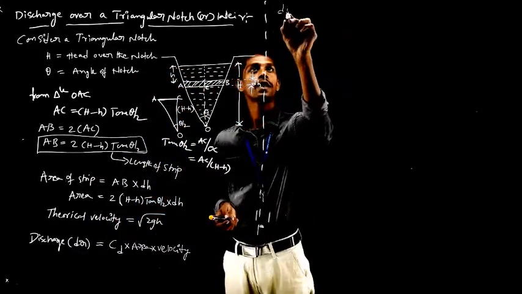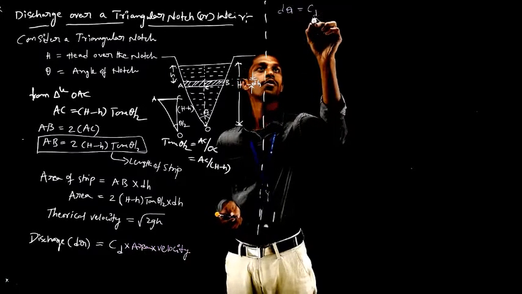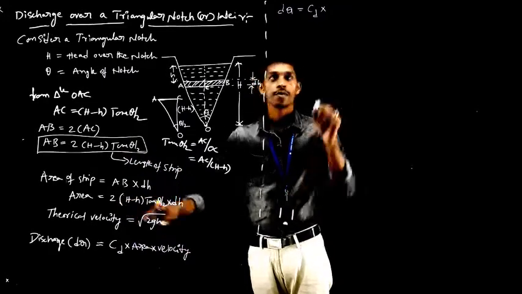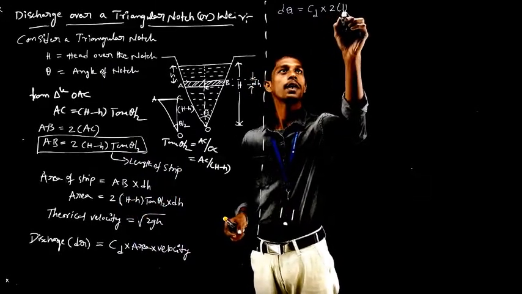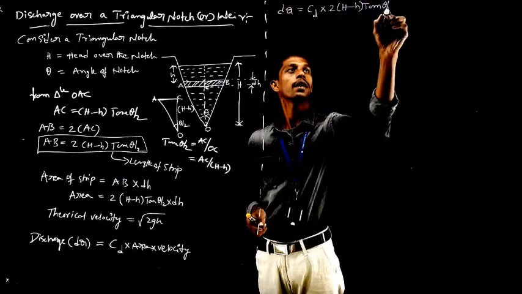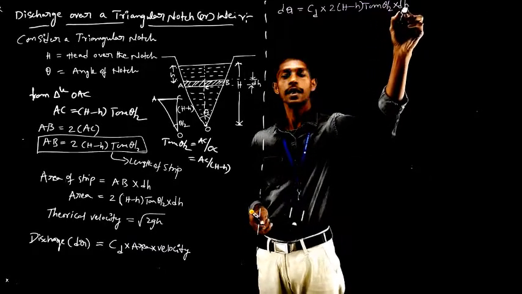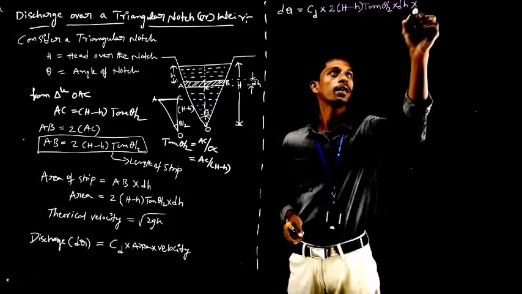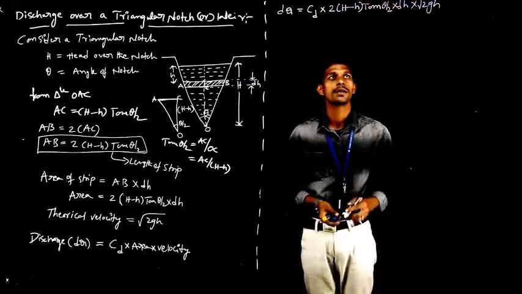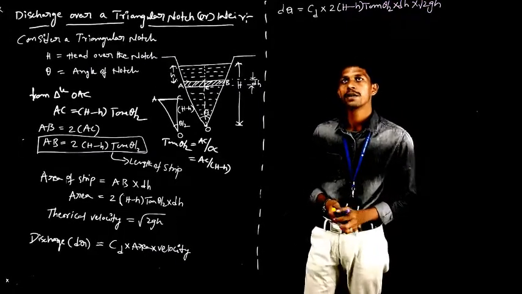So I am writing dQ is equal to coefficient of discharge multiplied by the area, that is 2 times capital H minus small h multiplied by tan theta by 2 multiplied by dh, multiplied by root 2gh. So this is the expression I have.